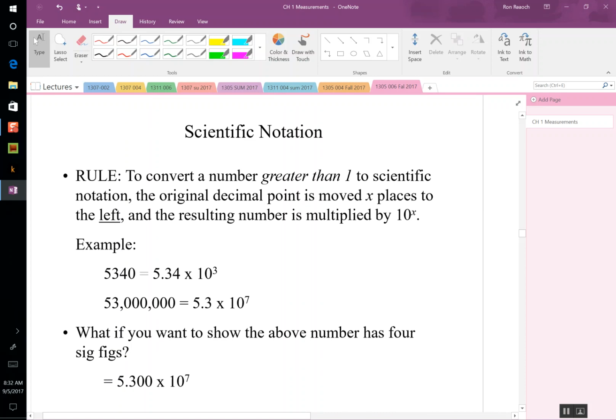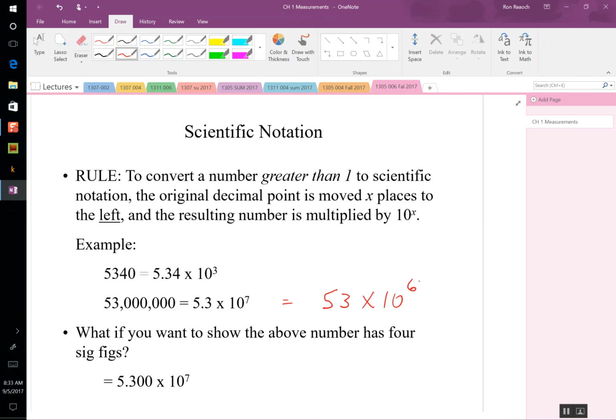So 53 million becomes 5.3 times 10 to the 7th. We are always doing it so that we have a number that's between 1 and 10. You might say, well, what if I moved it right there? Then it'd be 53 times 10 to the 6th. That's also equal, and we've only moved it 1, 2, 3, 4, 5, 6 places.